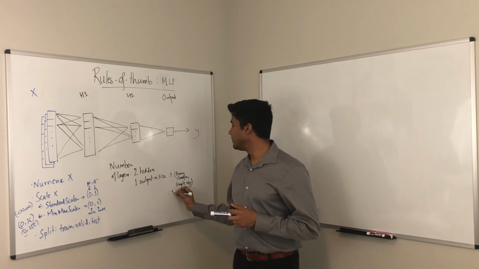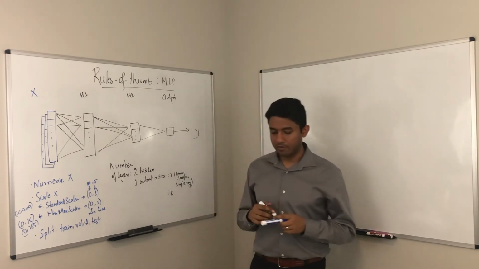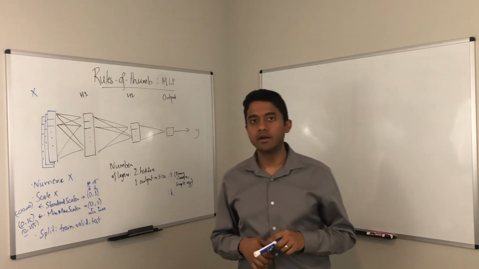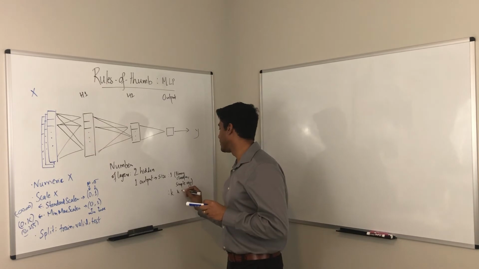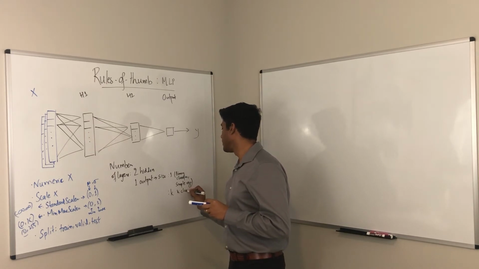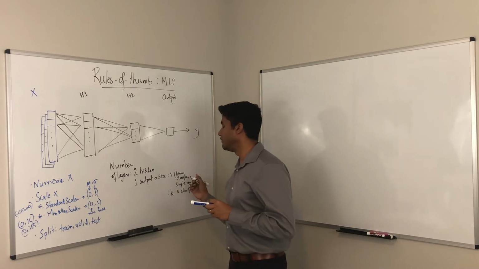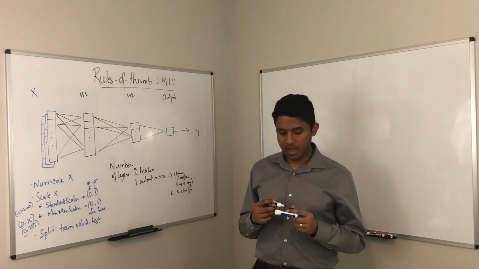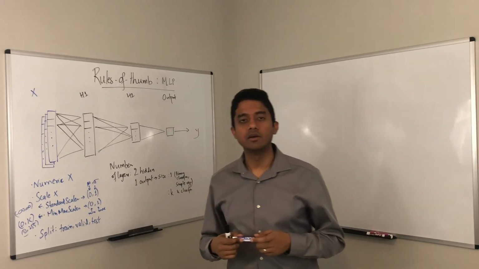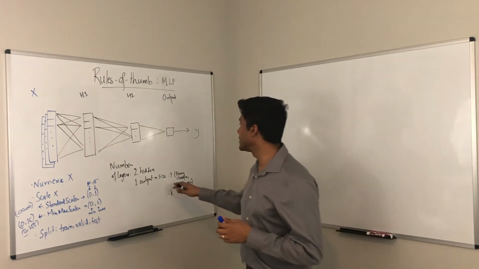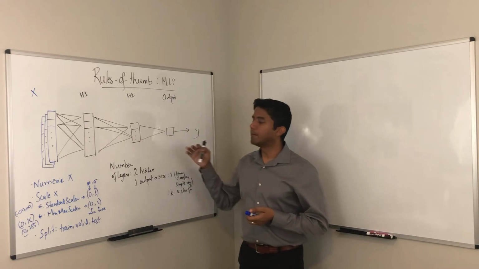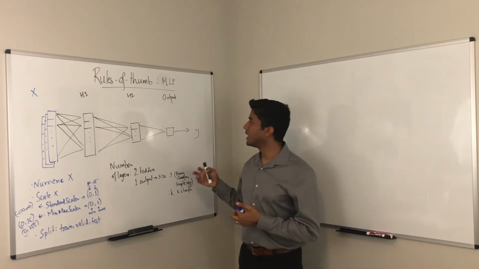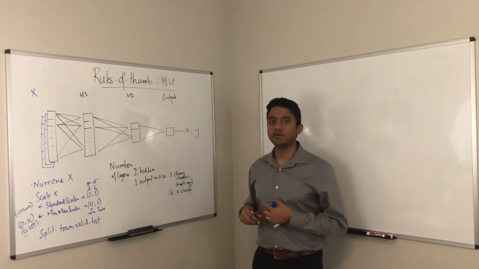But its size will be equal to k if you have a multi-class classifier which has k classes. Or if we are doing regression and it has k different responses, then you still keep the size of the output layer as k. In the example we used in this chapter, we had a binary classifier, so our output layer was of size 1.